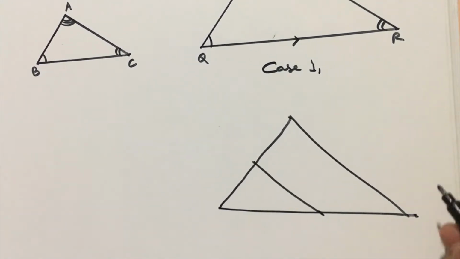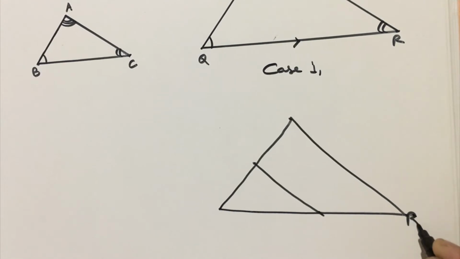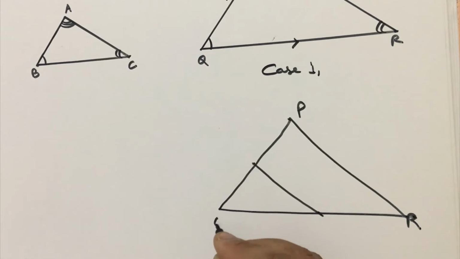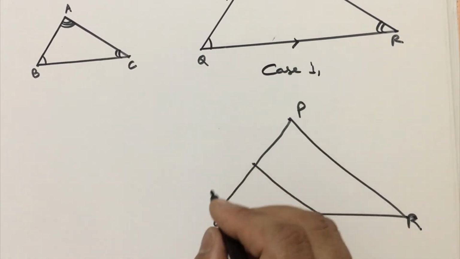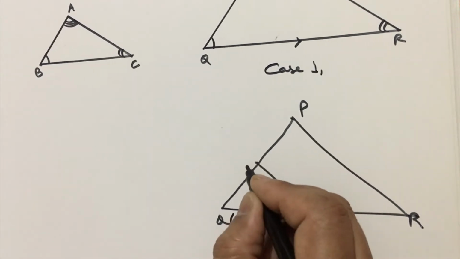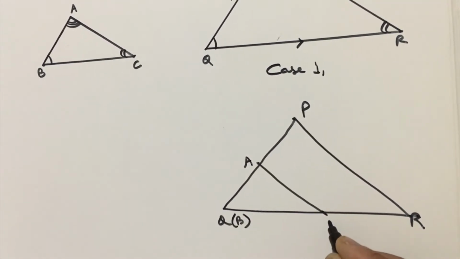When you draw this triangle, here R is coming, here P, and here Q, PQR, and here I am coinciding this B with this Q. Here A is there, here C is there.